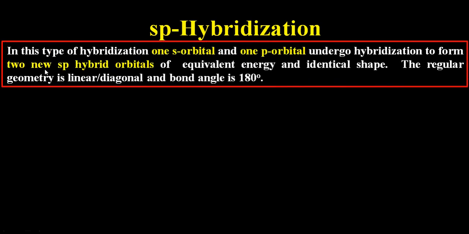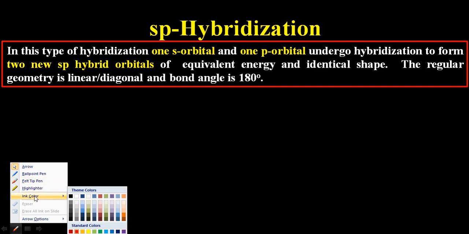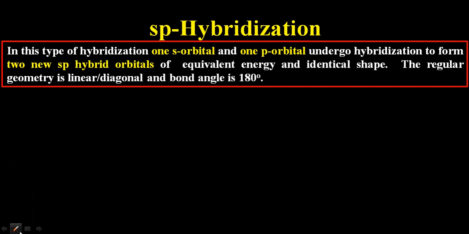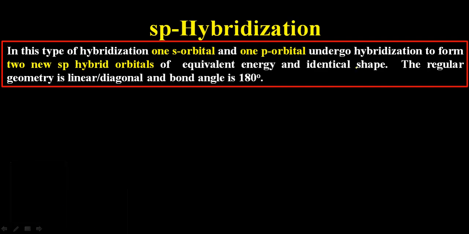This type of hybridization is formed when one s orbital and one p orbital of the same atom overlap to undergo hybridization and form two new hybrid orbitals, which are called sp hybrid orbitals. These orbitals will have equivalent energy and identical shape. The geometry in this case will be linear or diagonal and the bond angle will be 180 degrees.